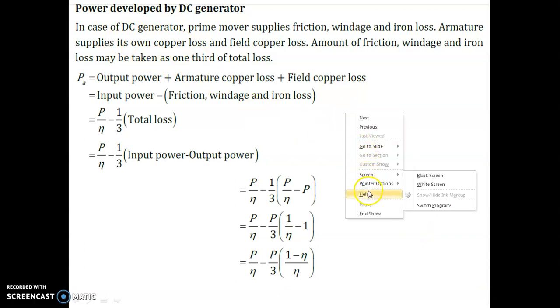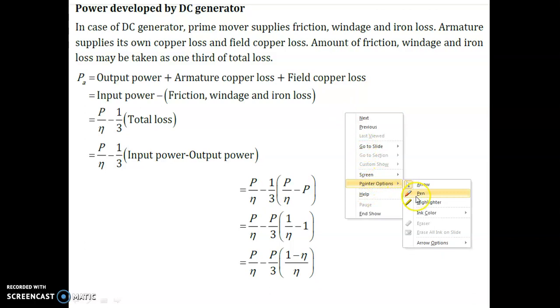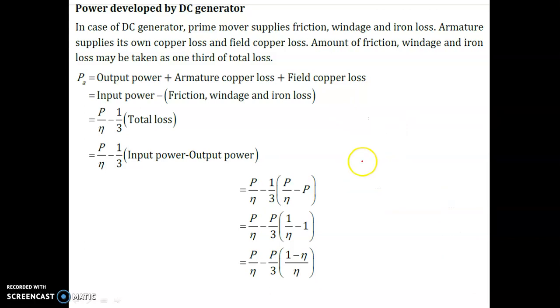In a DC generator, power is generated in the armature, and after the armature there are losses like field losses, armature winding losses, windage and friction losses, and many more. After deducting all of these, power is developed.